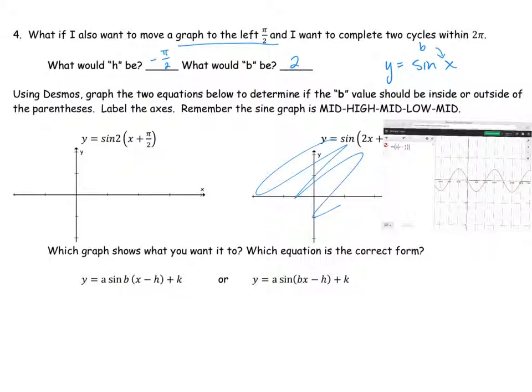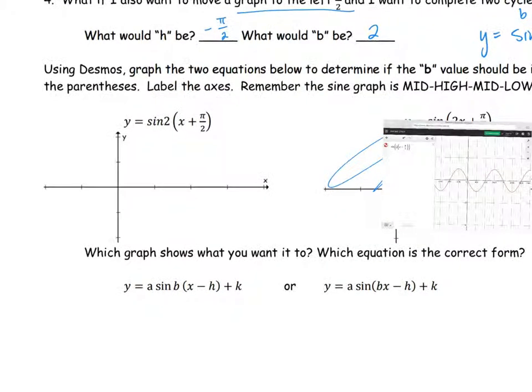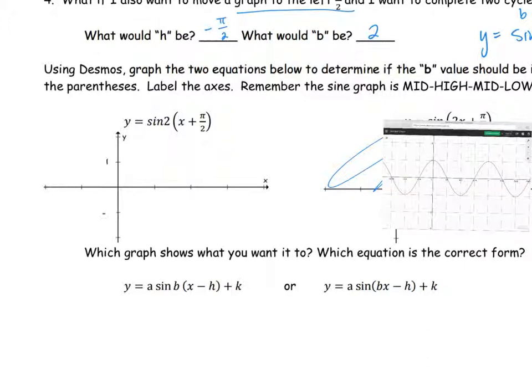But what I want to look at is how do I graph this, not make a mess. I don't want to go above 1 and negative 1, so I make my axes 1 and negative 1 for the y values.